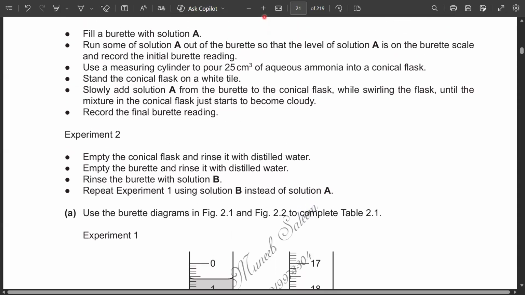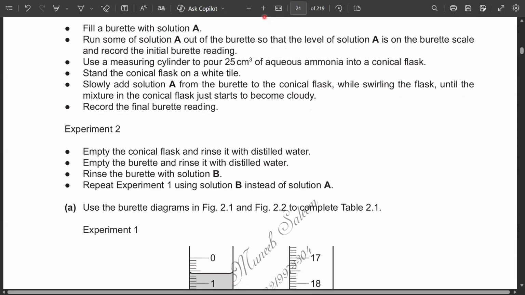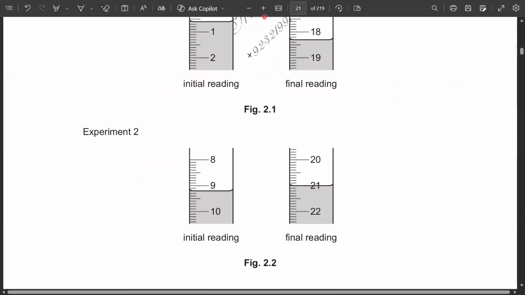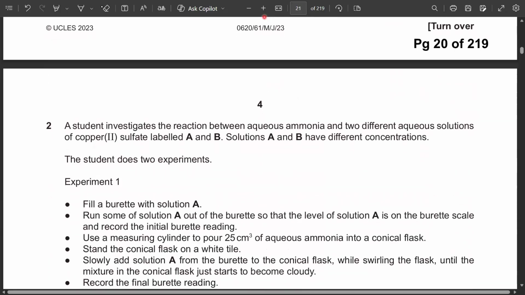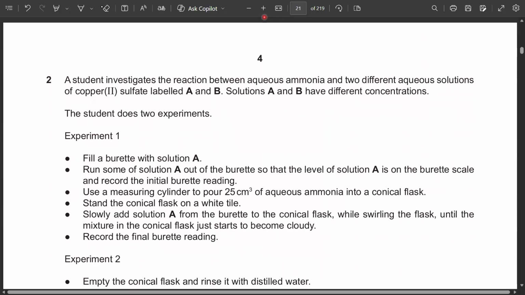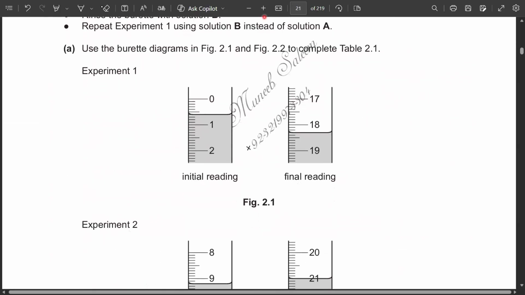The white tile has not been mentioned in the statement, but if you have ever experience of performing the titration experiment in the lab, you should remember that whenever a reaction is happening, there is a formation of some color change. The conical flask, which is placed below the burette, shows some formation of the color change here, or it could also have the formation of some sort of precipitates.